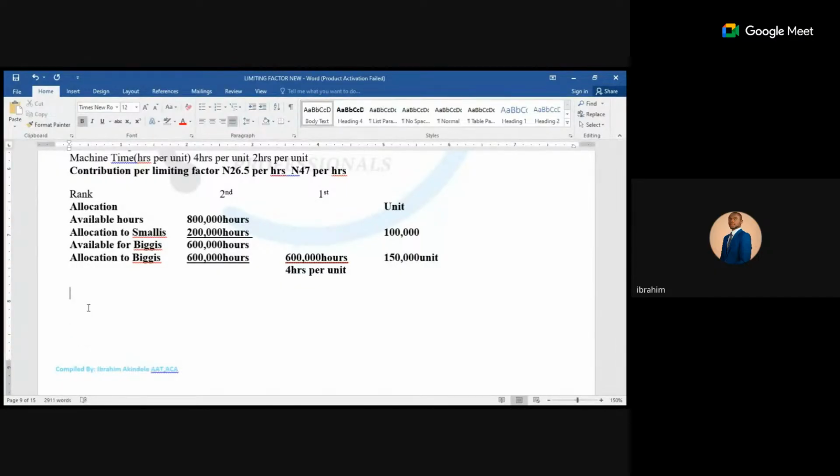So therefore, our production output for biggies is 150,000 units.